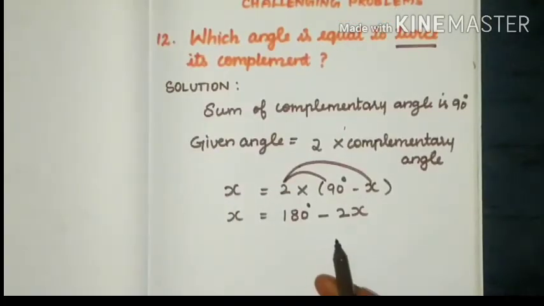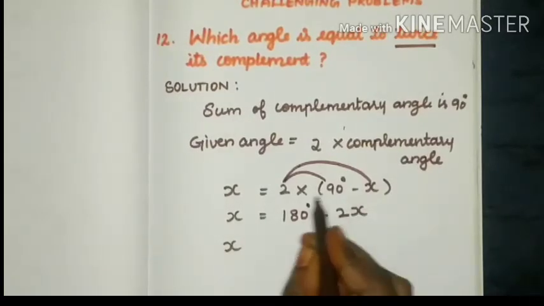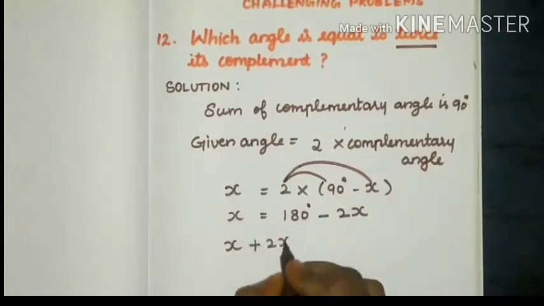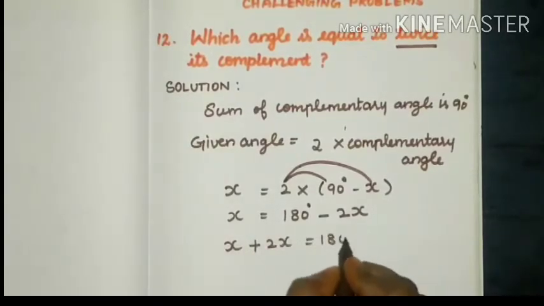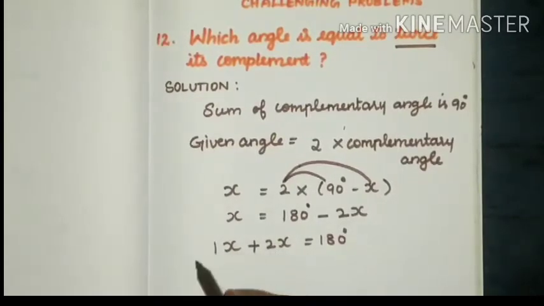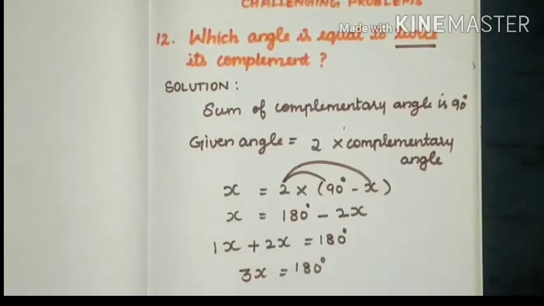Now let's separate the like terms. The minus 2x will go to the left hand side, which means it will change into plus 2x equal to 180 degree. See here 1x, here 2x. 1x plus 2x is 3x equal to 180 degree. Here we have to find the unknown variable alone.